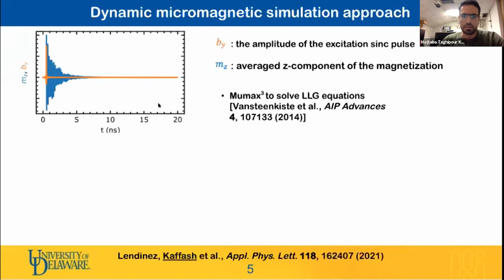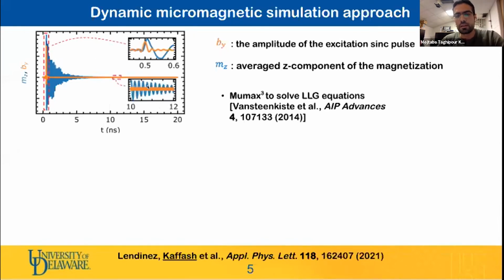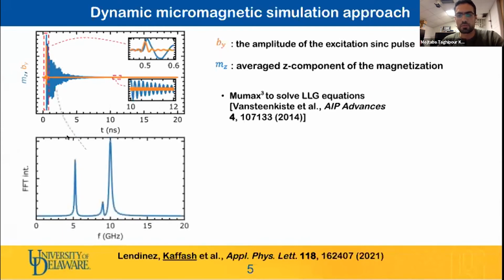The inset here shows Mz and By on a magnified scale, at the time when the pulse is applied, and long after that when a steady state oscillation of Mz is observed. The corresponding Fourier transform shows the eigenexcitations of the square lattice. The inset here shows the Fourier transform of the sinc pulse that features a precise cutoff frequency around 50 gigahertz.